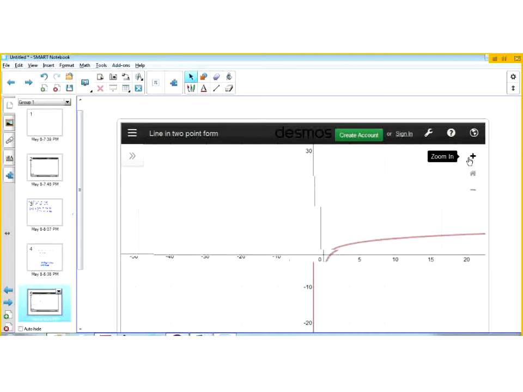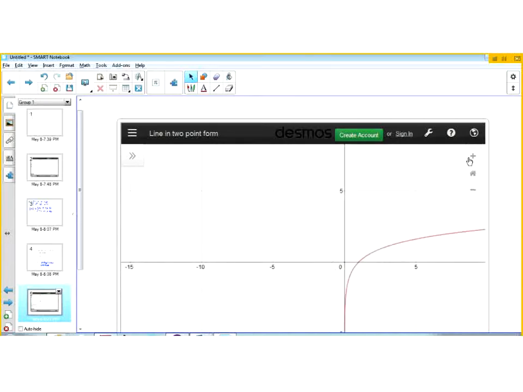It also has an x-intercept at x equals 1, right here.